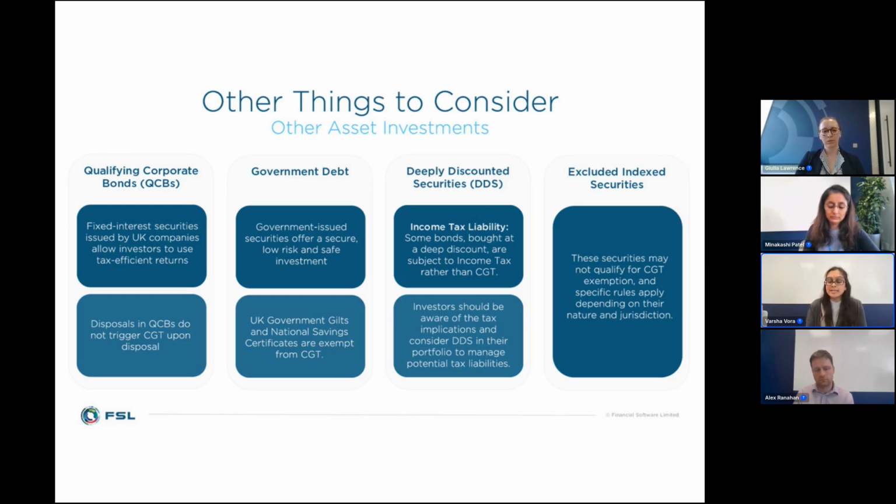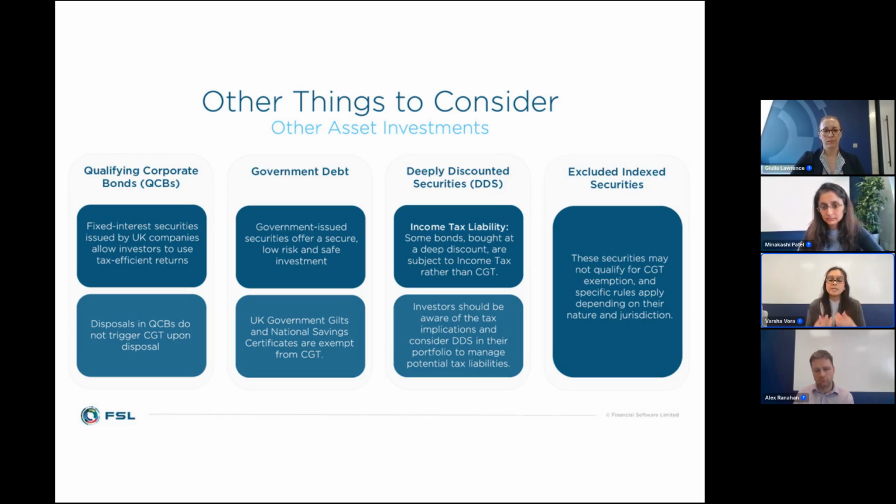And again, excluded index securities. So this came into play last year, and there was a new box on the HMRC form. Again, if you're using CGICs, all of these different asset classifications will get totaled up at the end of the CGT report separately.